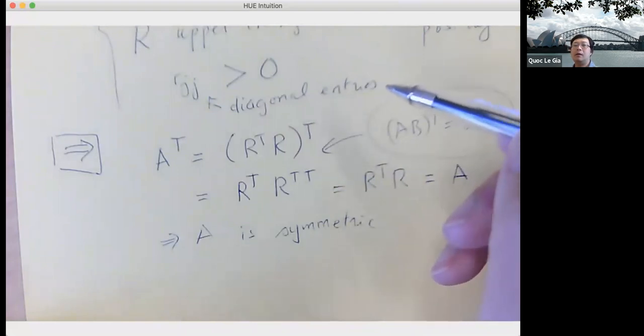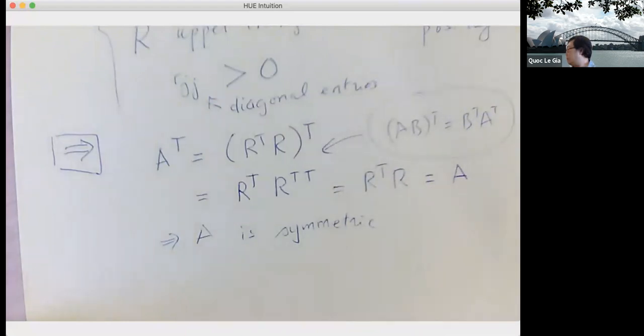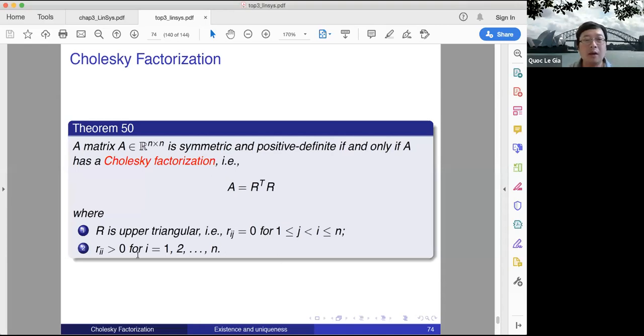If you go back to the slides, very good observation. The slide said that R_ii is positive, but R_ij equals 0 for i bigger than j.